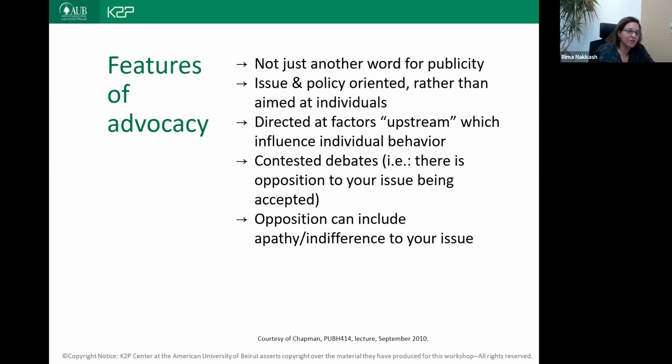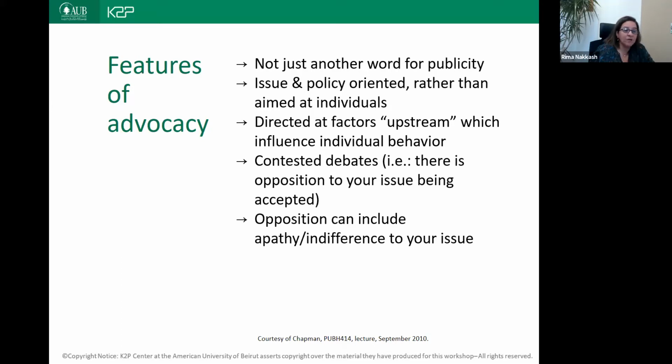So we find, if we look in the literature, that many non-communicable disease issues, such as prevention of obesity, alcohol harm reduction, and tobacco control, issues where there is strong industry opposition that has created debates, are the issues that would require advocacy.